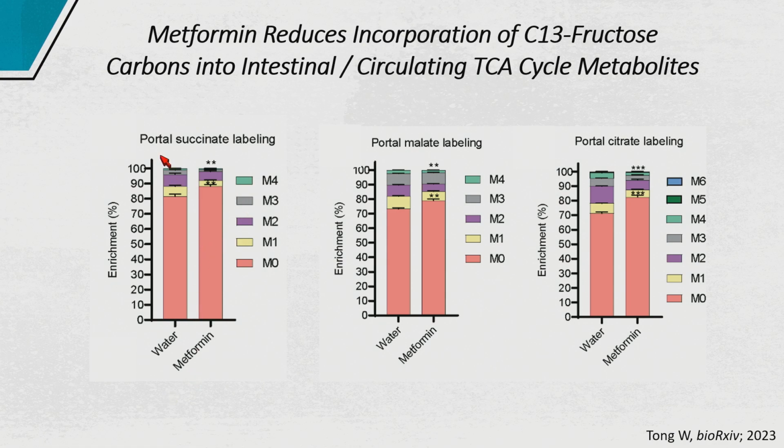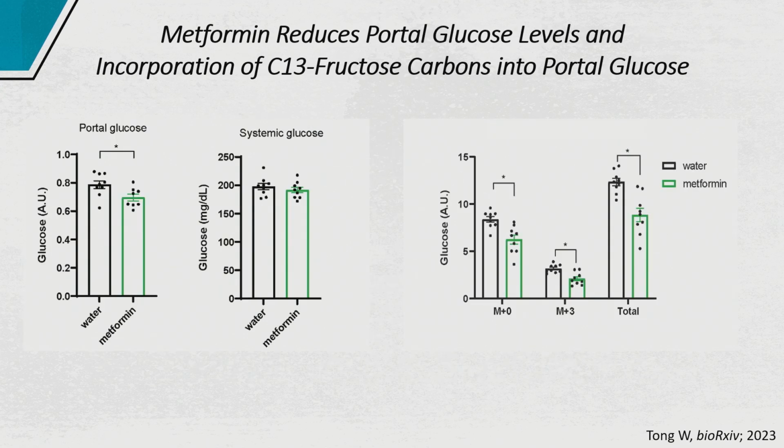So you can see this is labeling from our UC13 fructose in portal succinate in the water-treated versus metformin-gavaged mice. And there is a reduction by about half in this labeling in the metformin-treated animals. And you can see that for succinate, you can see it for malate, you can see it for citrate, and it was the case for every TCA cycle metabolite we measured.